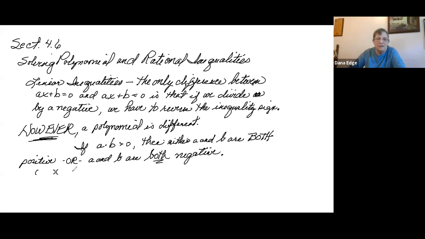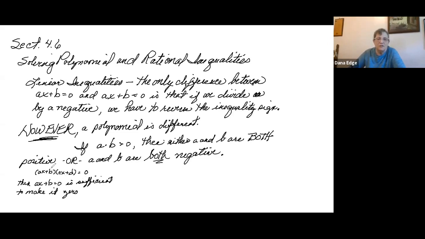If we've got this times this is equal to 0, then let's call this ax plus b and cx plus d. Then ax plus b equals 0 is sufficient to make the whole thing 0.